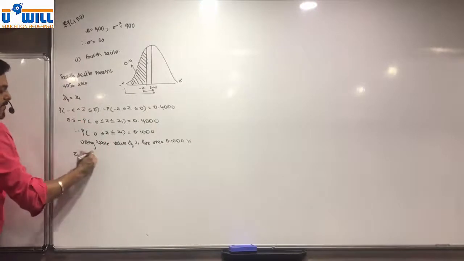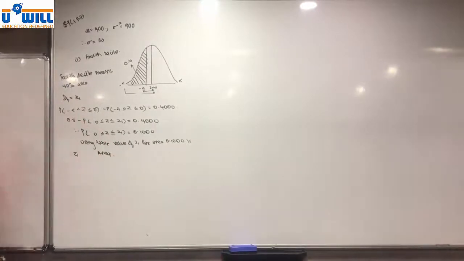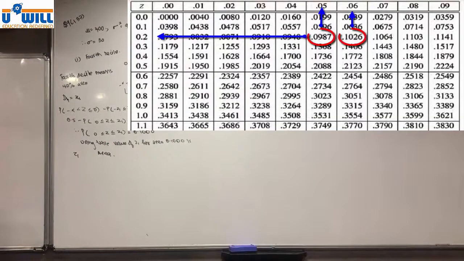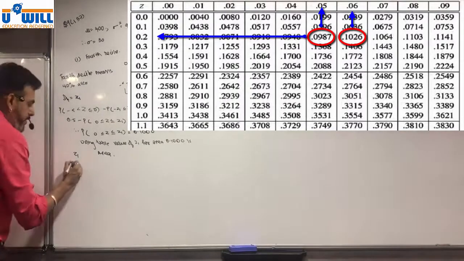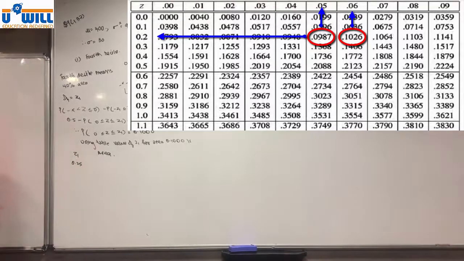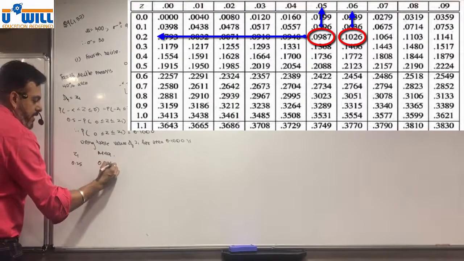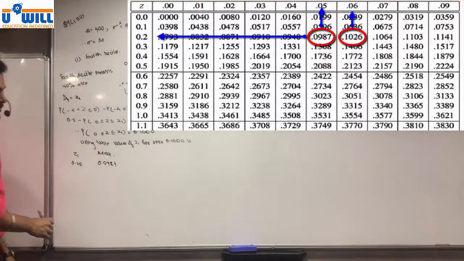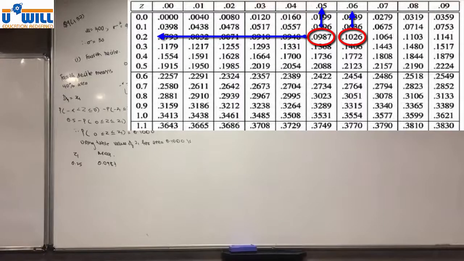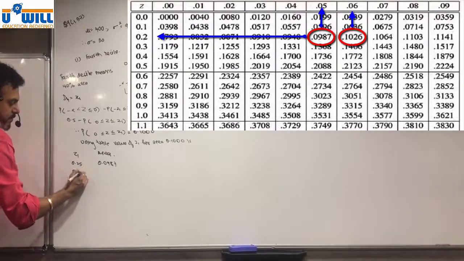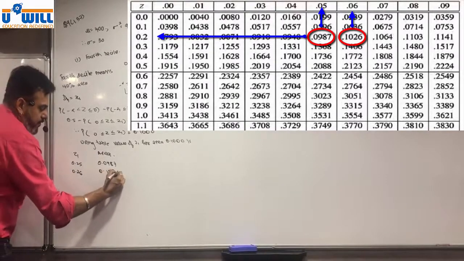For Z1 0.25, the area is 0.0987. For 0.26, it is 0.1026.